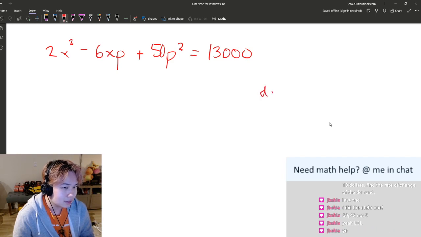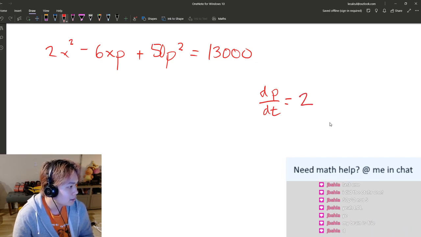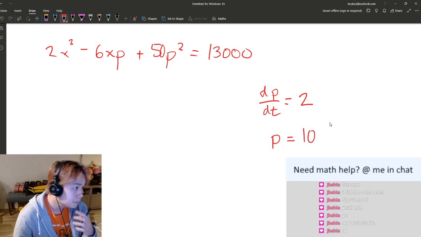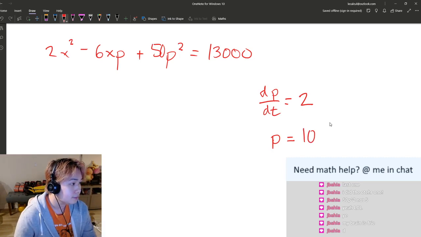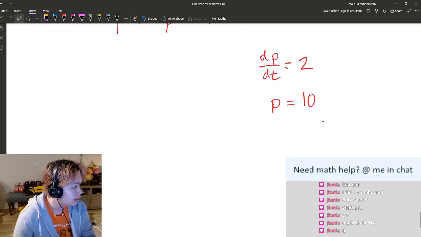The price is increasing at a rate of $2, and the price is $10. And then we want to find out the rate of change of the demand.